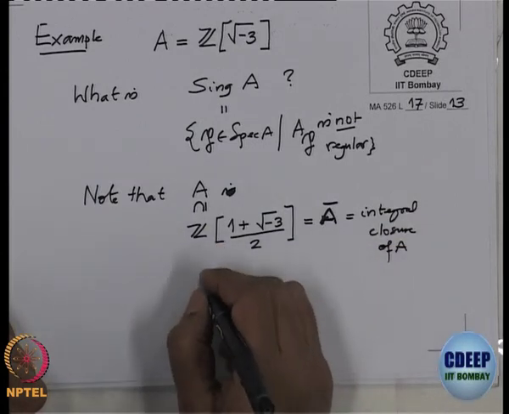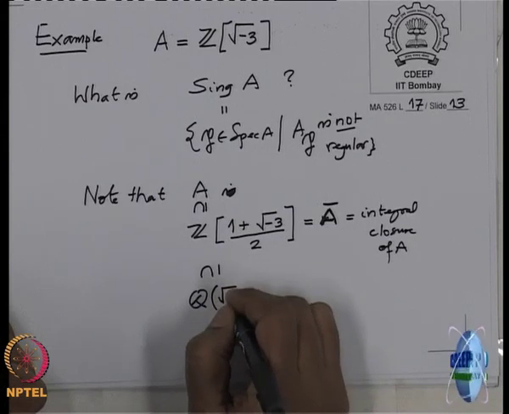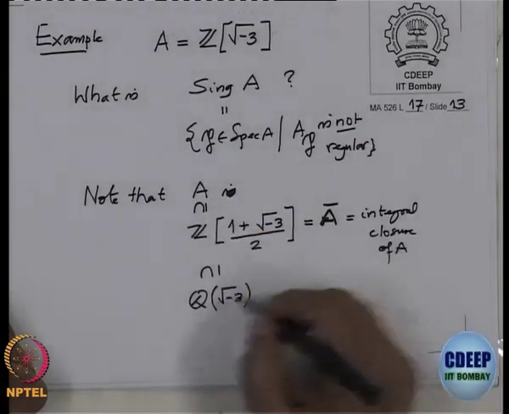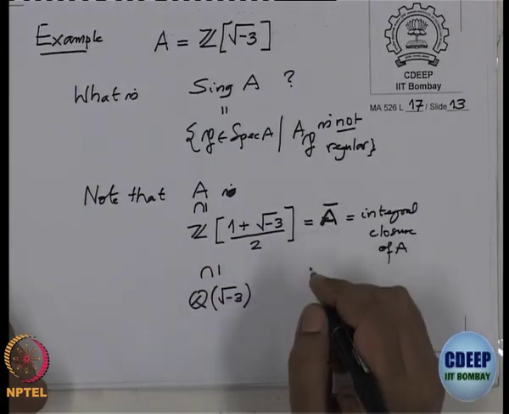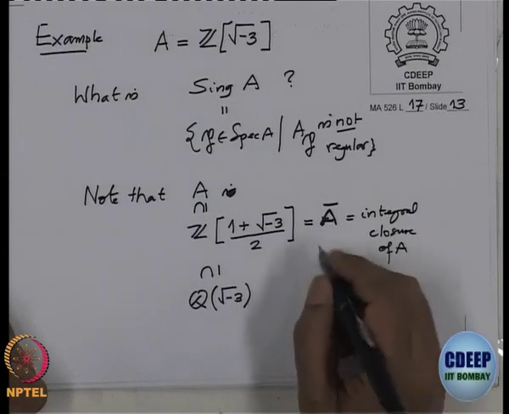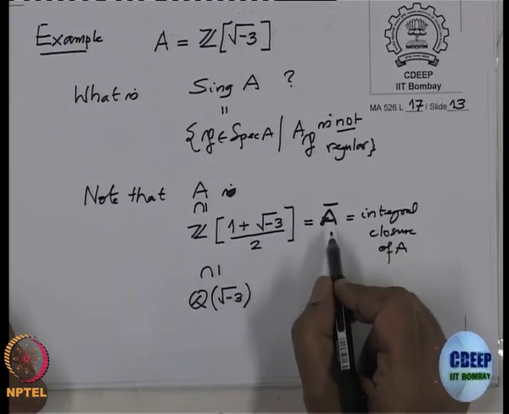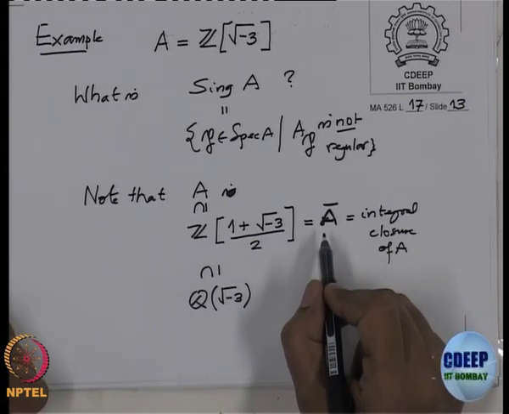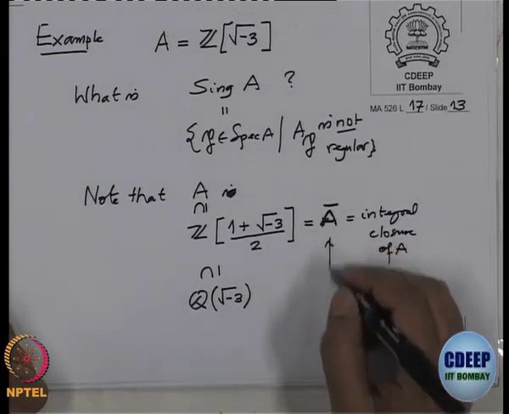What is the quotient field? Quotient field is precisely Q[root minus 3]. This is the integral closure. That is not too difficult to see. This integral closure, and we have seen in a one dimensional case, normal and regular is the same. So, this is regular actually.